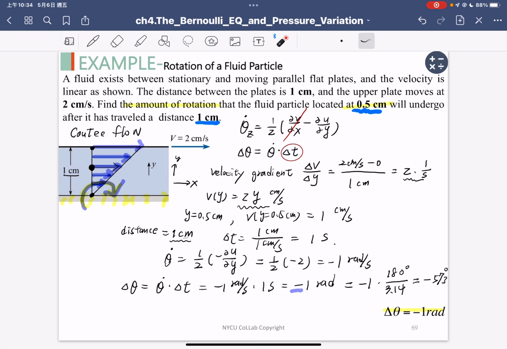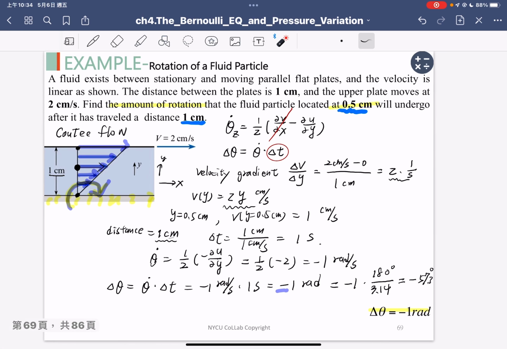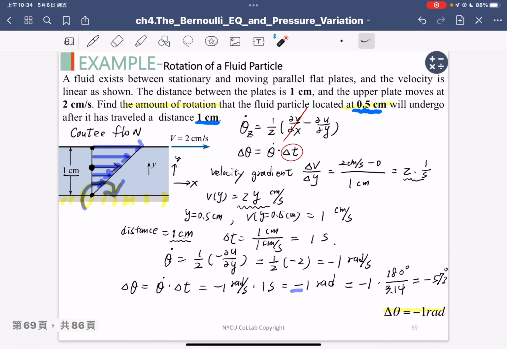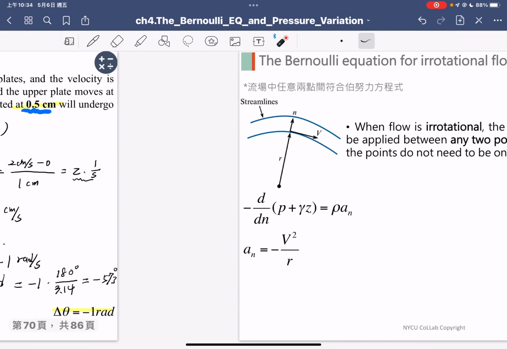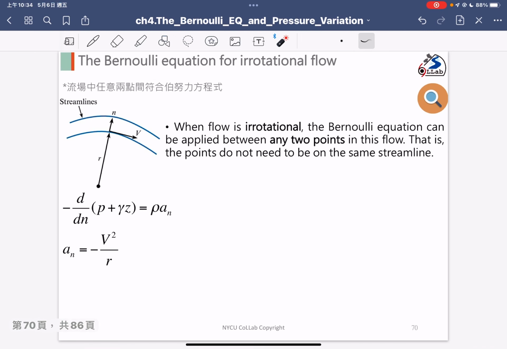But if your flow is an irrotational flow, that means the viscosity effect is not important. Okay, so that's the idea. We just tried to practice based on the rotational equations. So right now we move to the next topic.